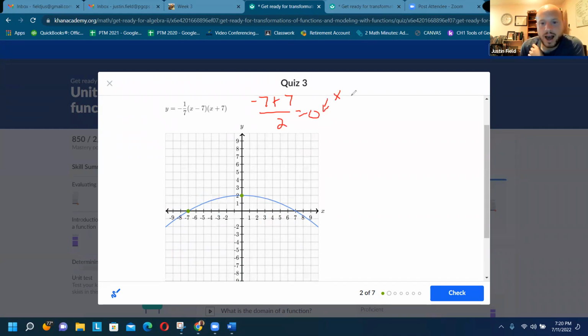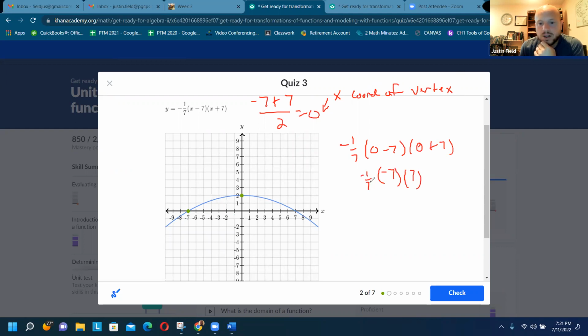It's the x coordinate of the vertex, and you can always add the zeros together and divide by 2 to get that. Then you substitute the x coordinate in, and you'll get the y coordinate of the vertex. So that would be -7, 7, -1, 7.